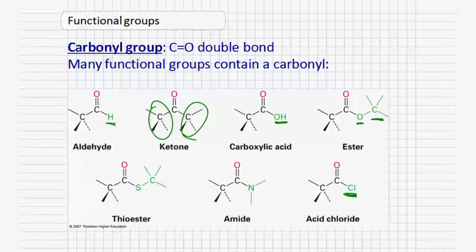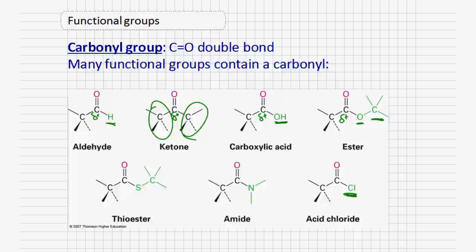Those carbonyl groups will be important to us because that oxygen is more electronegative than the carbon. In each case, these carbons will have a partial positive charge to them. So that's going to be important to us later on when we're learning about how reactions behave containing these functional groups. For now, you should have a basic familiarity with these functional groups.